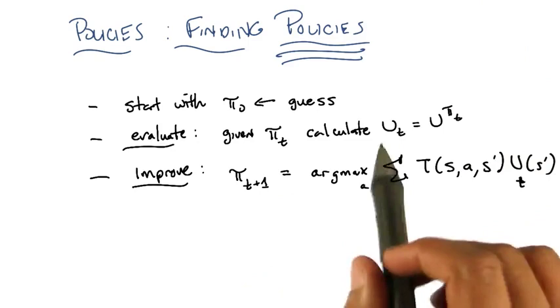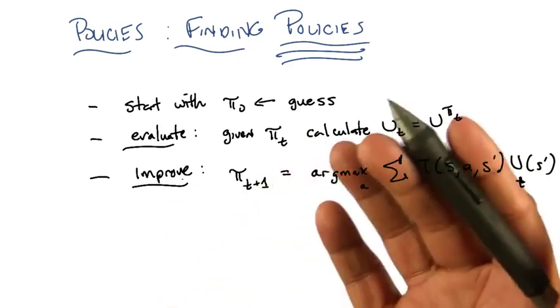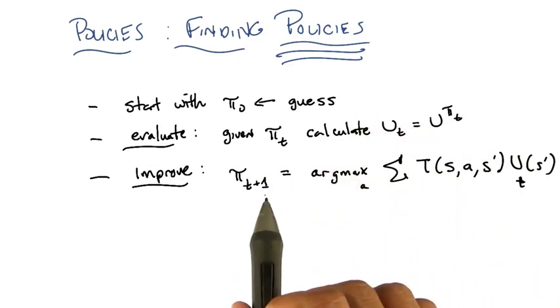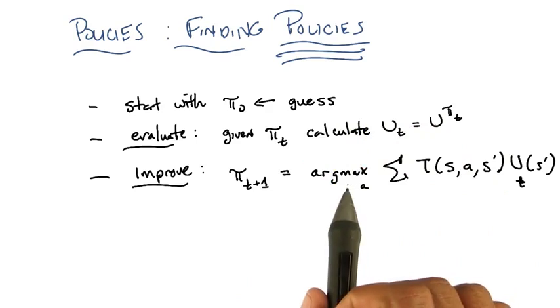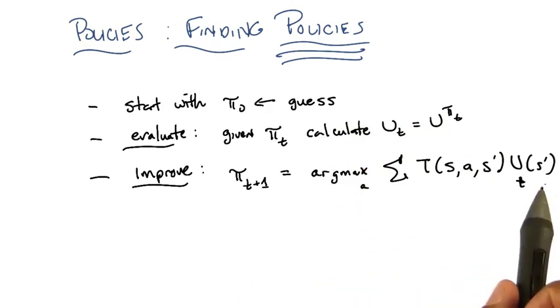And then after we know what the utility of that policy is, we're actually going to improve that policy in a way similar to what we did with value iteration. We're going to update our policy at time t plus 1 to be the policy that takes the actions that maximize the expected utility based on what we just calculated for pi sub t.